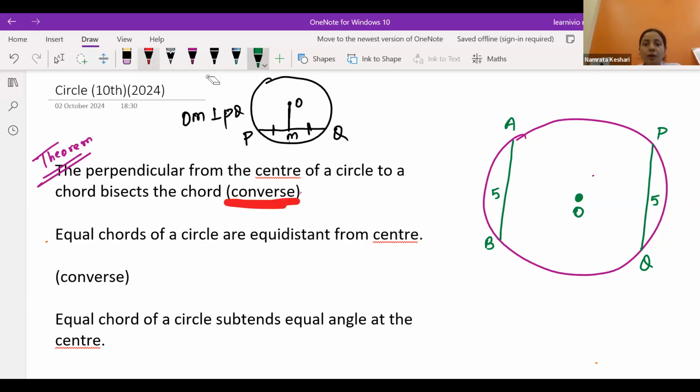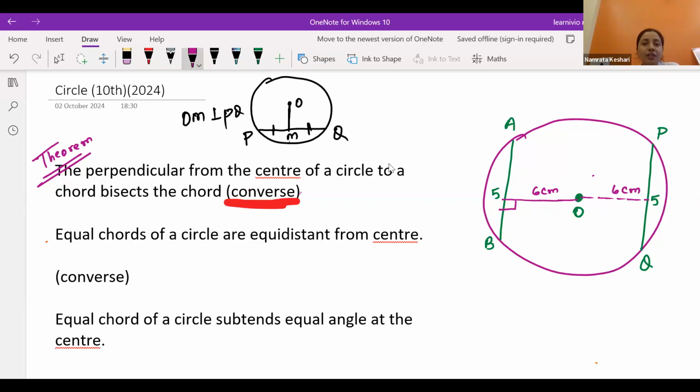So if the perpendicular distance of O from AB, this distance, is 6 centimeter, then the perpendicular distance from O to PQ will also be 6 centimeter. Getting it? Yes, ma'am. That's what the theorem says. Equal chords of a circle are at equal distance from the center.